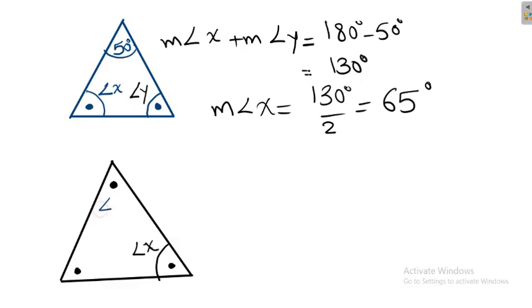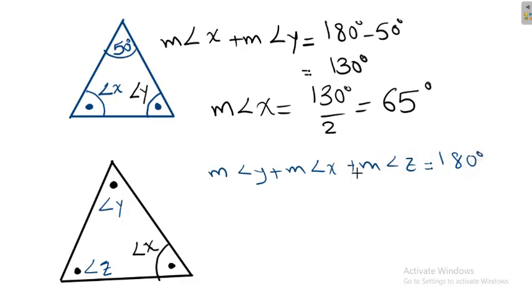Let's call them angle y, angle z. Measure of angle y plus measure of angle x plus measure of angle z equals 180. Because the three angles are equal, one of them is a third of 180. So measure of angle x equals 180 divided by 3, which is 60 degrees.